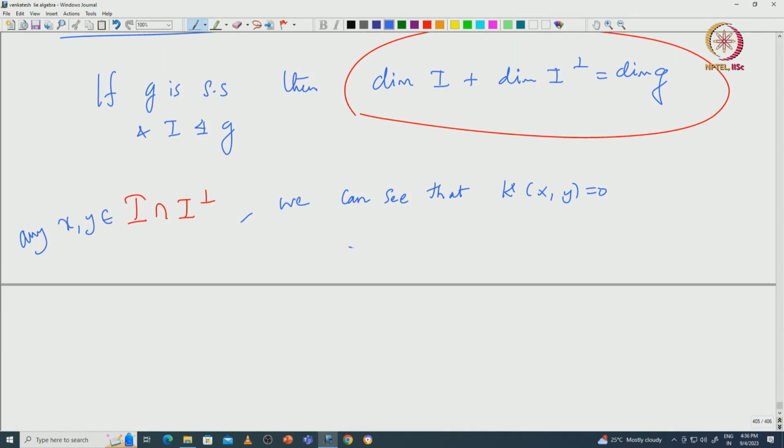Now, Cartan's first criterion says I intersection I perp must be solvable.